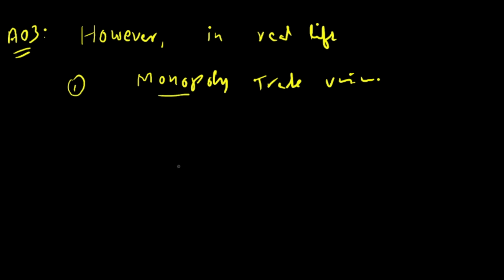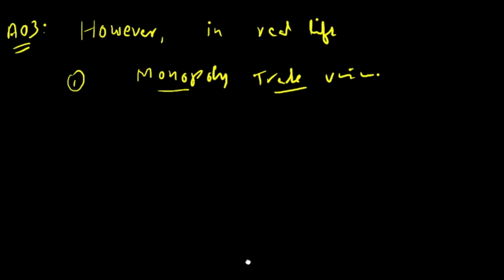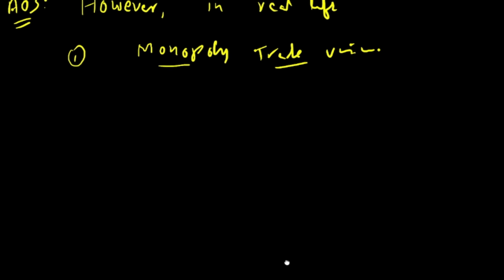And monopoly means a single union of teachers, like doctors, like any type of workers may make a monopoly trade union. So in this case we are saying that teachers have a monopoly trade union, for example. And if teachers have a monopoly trade union, then they might receive wages higher than the doctors, right?